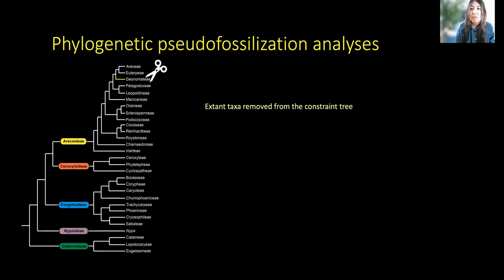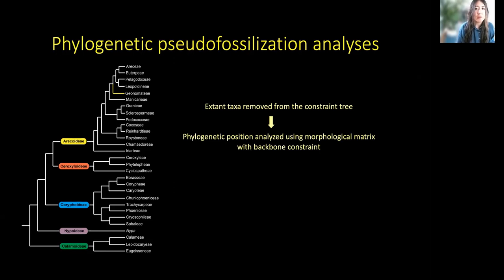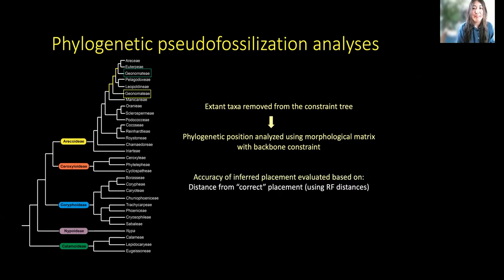So for each analysis, we removed a single extant taxon from our constraint tree. We then analyzed the morphological matrix with that backbone constraint tree we just created to see the inferred position of that taxon based on the morphological data. To evaluate the accuracy of these placements, we calculated pairwise Robinson-Foulds, or RF distances, between the correct placement and its inferred placement.